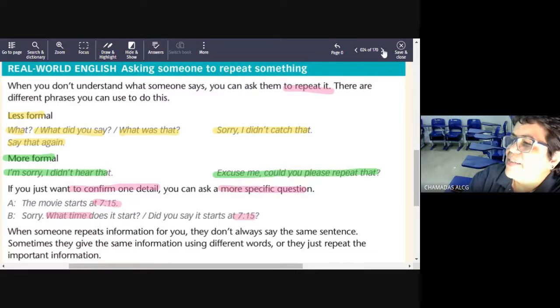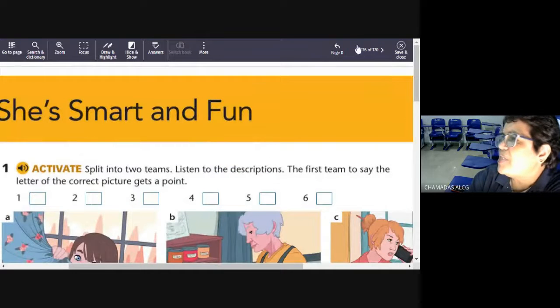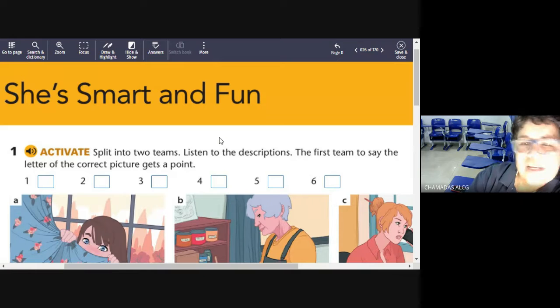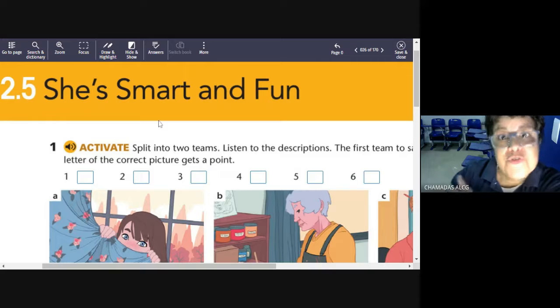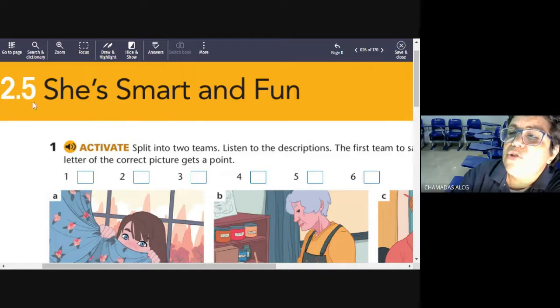All right, since we're done here, let me see the time. We can have our break. It's 10:15, okay. It's time for our break. So we are going to start after the break. We're going to start unit 2.5 and the unit 2 review. Okay.